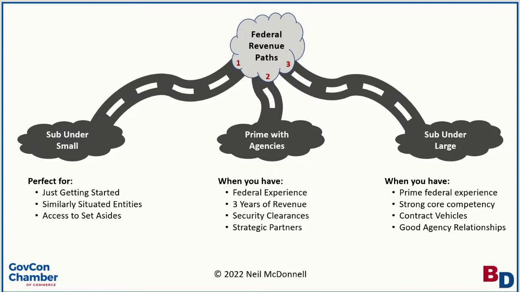So you will have developed a relationship. Sometimes when you go to an agency to prime, they want to know that if you have a team formed, that team has worked together before. And so having strategic partners before you go knock on the door of an agency to prime contract with them, yet again, makes you so much stronger and ready to win and deliver, right?